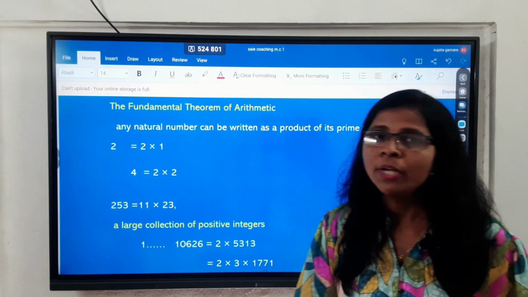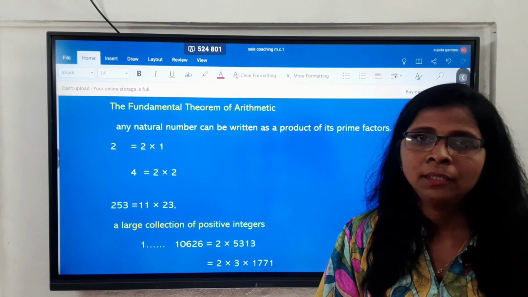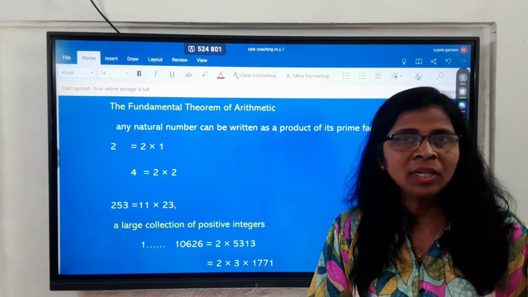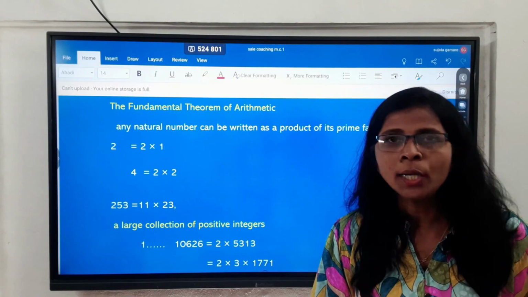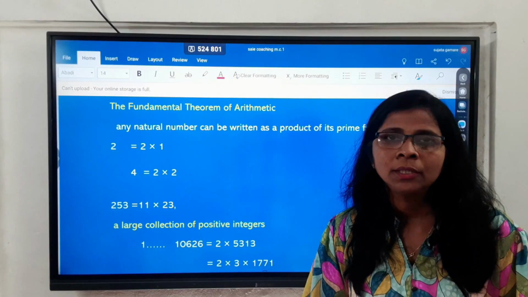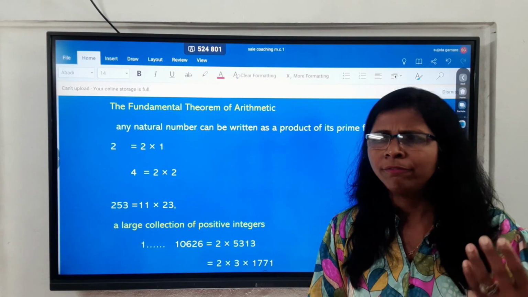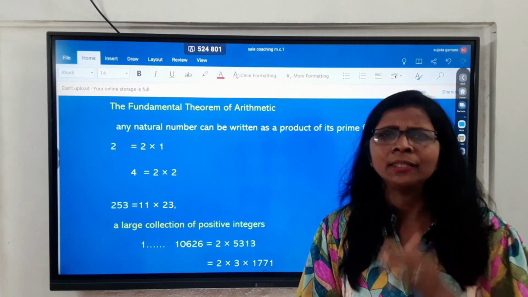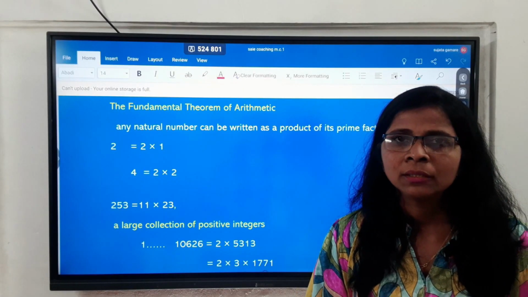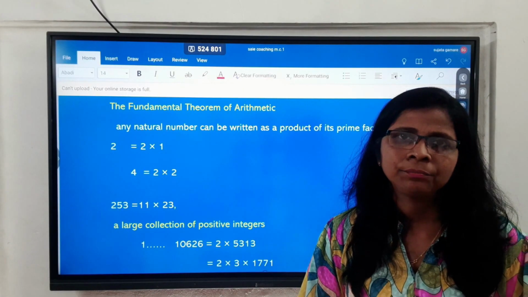Now we have to factorize numbers. We can factorize the smaller number and the larger number. We can factorize the smaller number very easily.